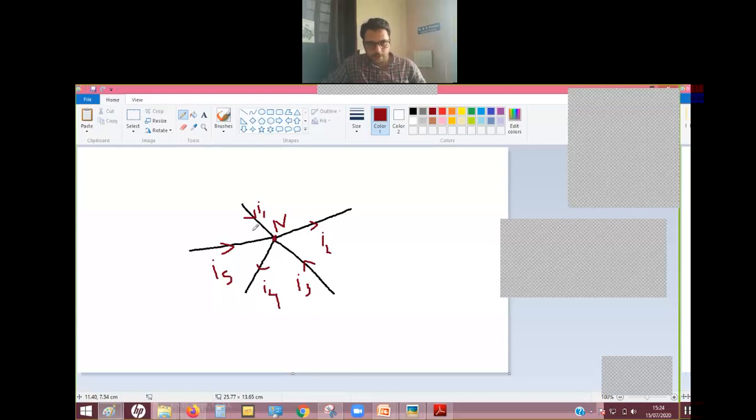Which currents are entering here? I1 plus I3 plus I5, and leaving currents are I2 plus I4.